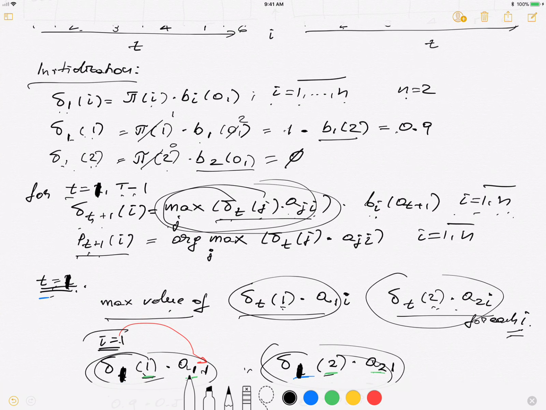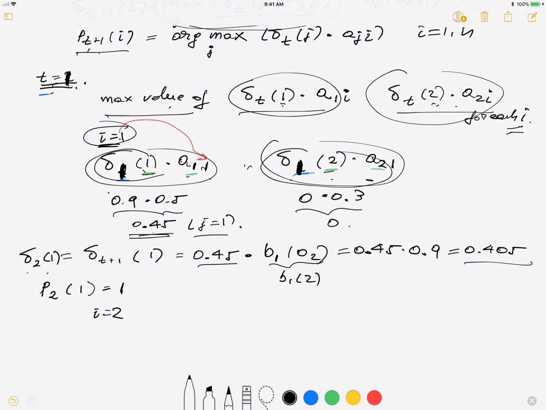We just calculated for i1, and now I need to do the same for i2. So for i2, the same story. I need to compare delta t1 times a12. Now the second index indicates i2, and delta 12 times a22.